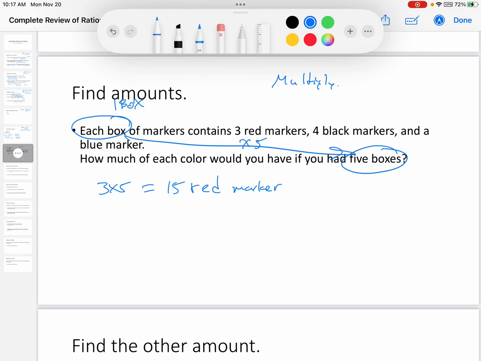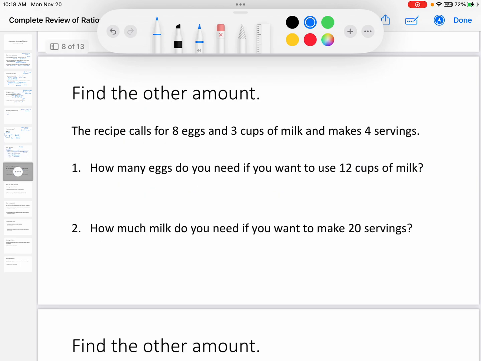For black, we will do 4 times 5 is 20 black markers. For blue, we will do 1 times 5 is 5 blue markers. Easy enough.